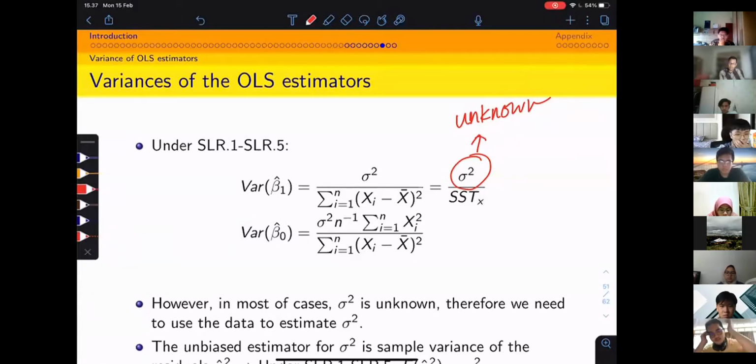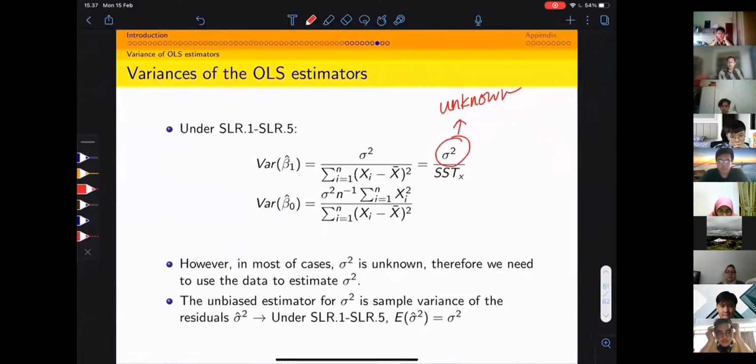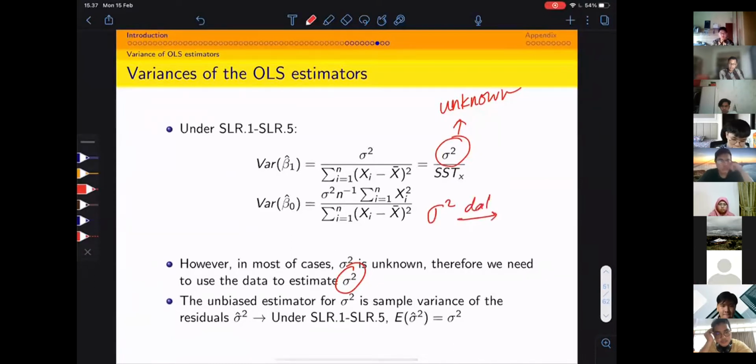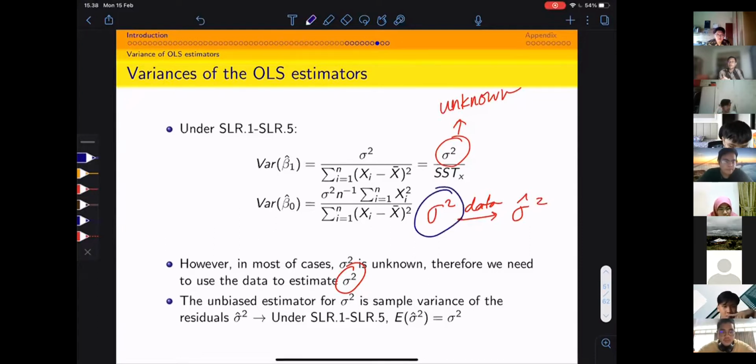Similarly, if we don't know the value of sigma squared, we're going to use the data to estimate sigma hat squared. Sigma hat squared is basically the sample variance of the residuals. Again, sigma squared is the variance of the unobservable, and sigma hat squared is the sample variance of the residuals.